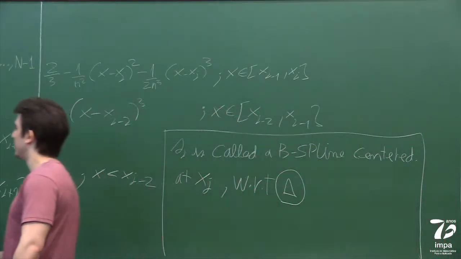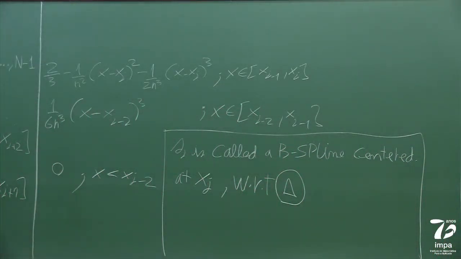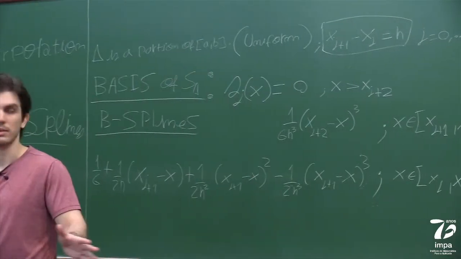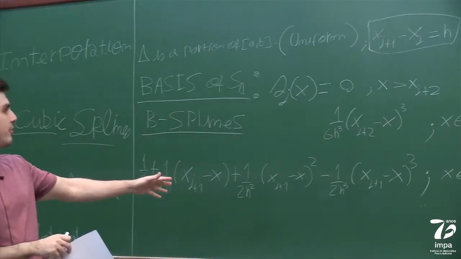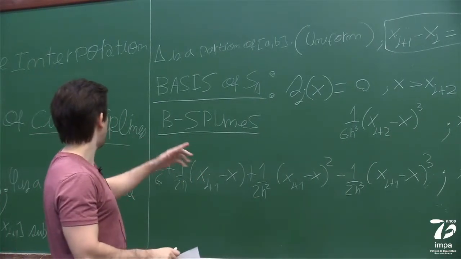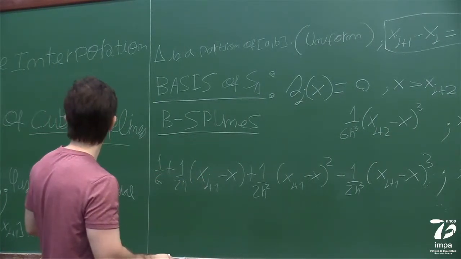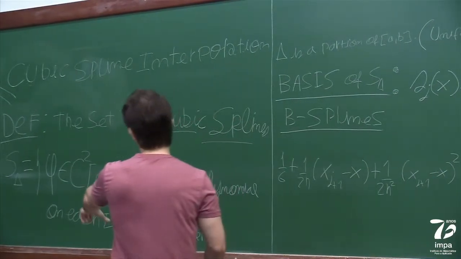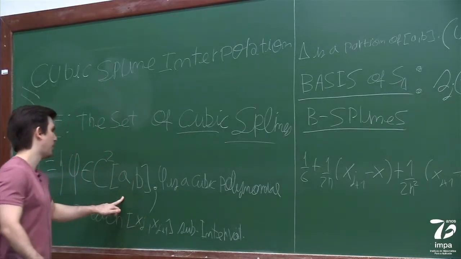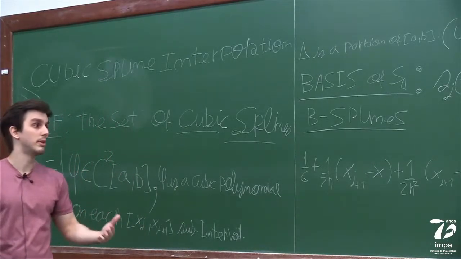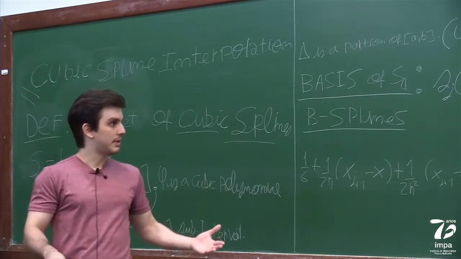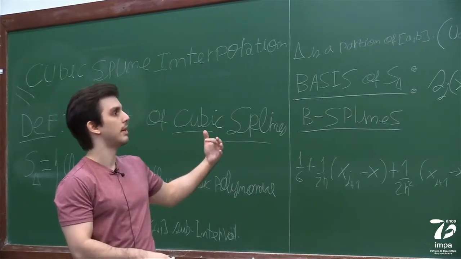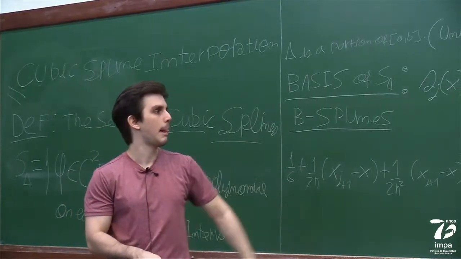Okay, so are we good until now? It's a big formula, so it's not that hard to show that these functions are C2 on the whole interval. We have to show the continuity at each of the xj minus 1, xj minus 2, xj plus 1, xj plus 2.